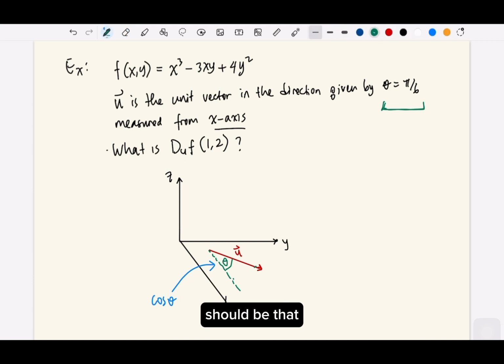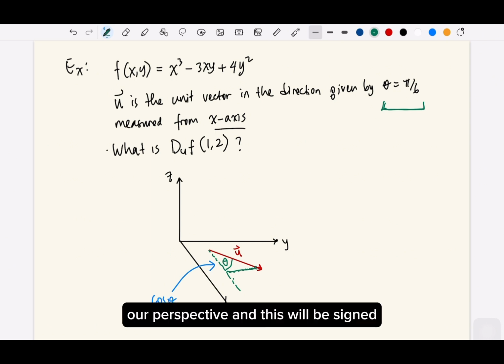The triangle should be like that. This should be parallel with the y, but this is a right triangle. Since it's not flat, it has some angle rotation within our perspective, and this will be sine.